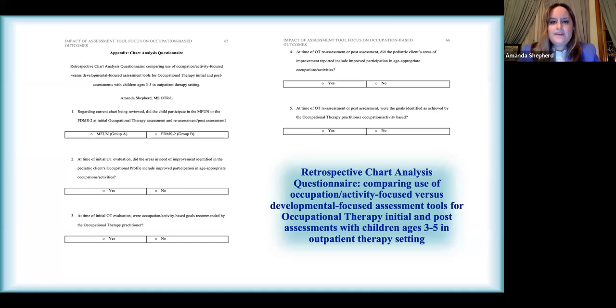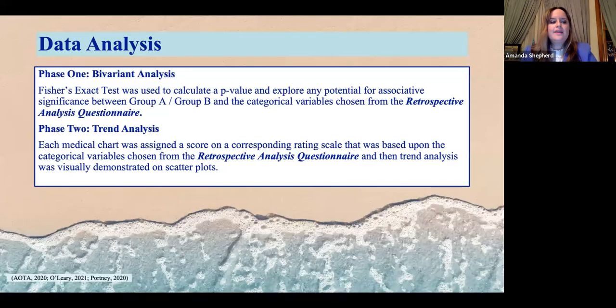The third was if the child's chart included occupation-based areas of improvement at either reassessment or post-assessment. And the last categorical variable was if the child had the presence of occupation-based goals achieved at the time of reassessment or post-assessment.